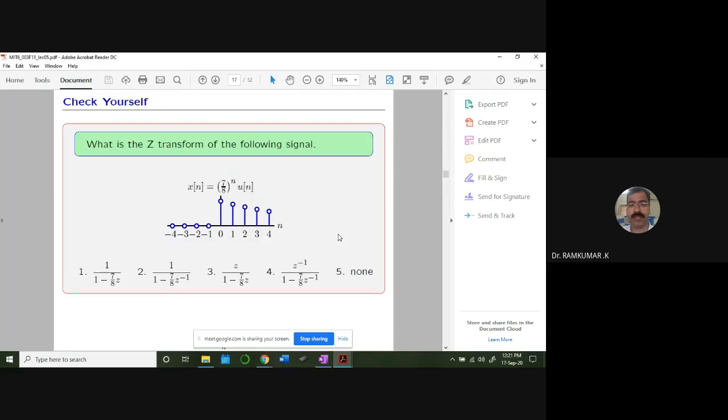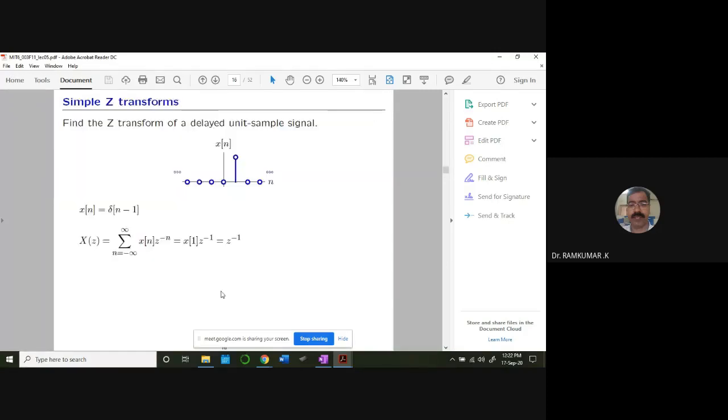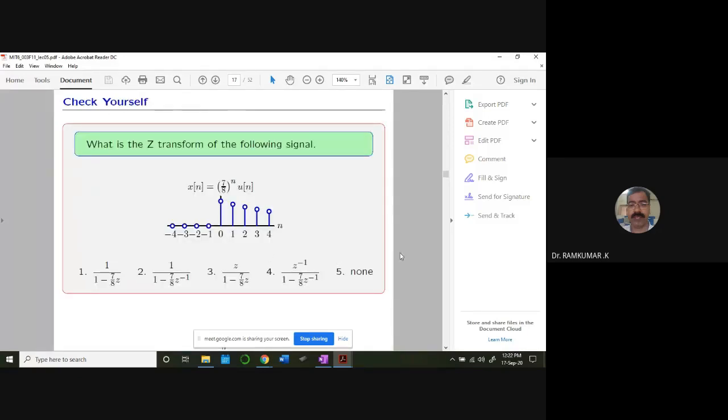Now can somebody tell me what is the answer for this? Think about this and tell me what the option is. Apply the formula and see which one of these 5 options is right. Think for a minute. Everyone, please take a piece of paper, work this out and tell me the answer. The problem is this: you have to apply the X of z formula, and in order to apply it, you have to work out this signal.